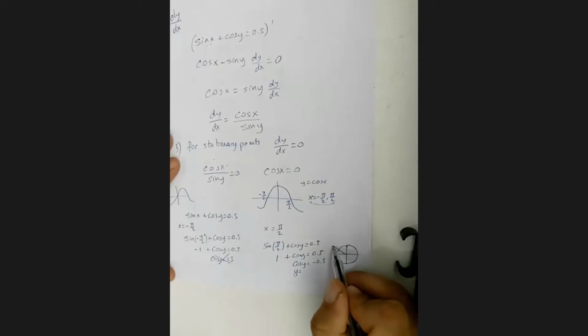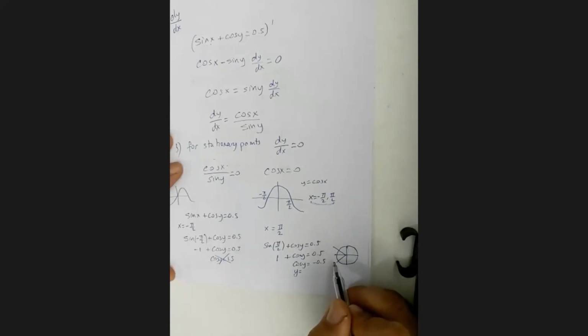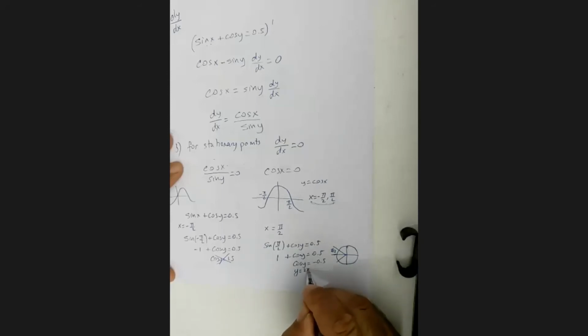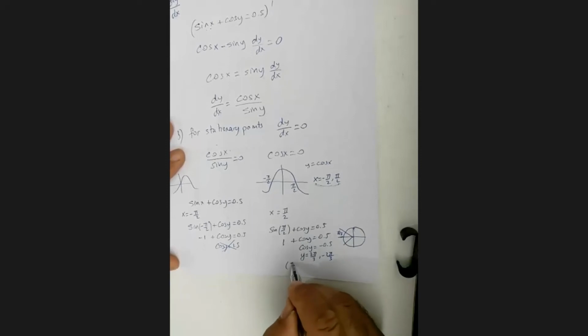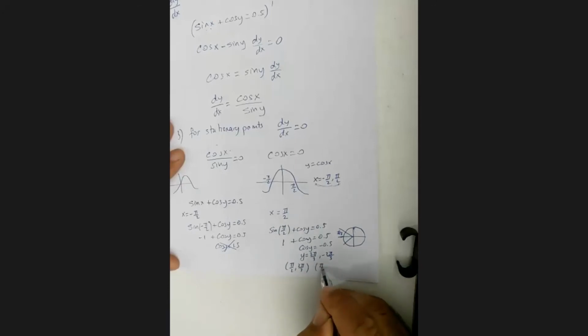We have one of them there, the other one there. And cosine is minus 0.5 when the reference angle is pi over 3. So y is equal to 2 pi over 3 and negative 2 pi over 3. So the coordinates of the turning points are (pi over 2, 2 pi over 3) and the other one is (pi over 2, negative 2 pi over 3).